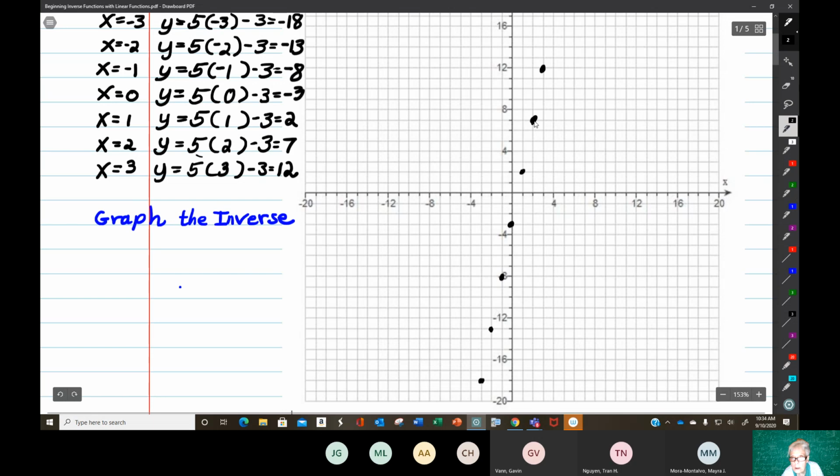Now, I actually care more about the points than I do about the line that's going to go through them. So I want to actually write these down. This is (3, 12). And this is (2, 7). And this is (1, 2). And (0, -3).